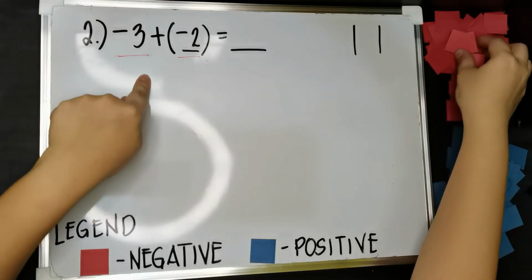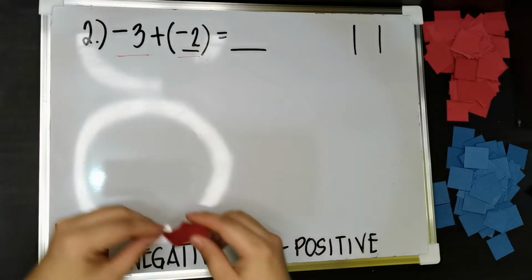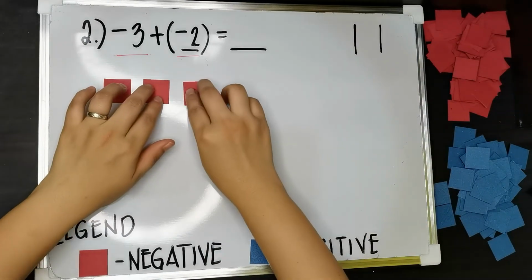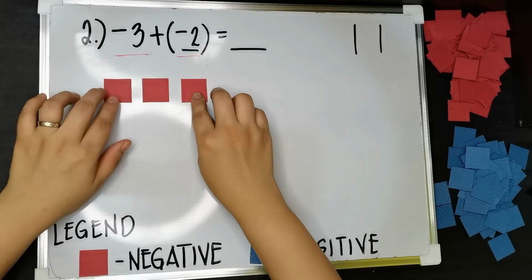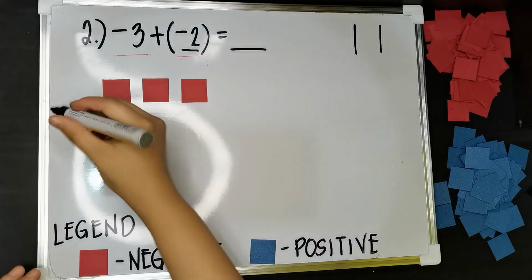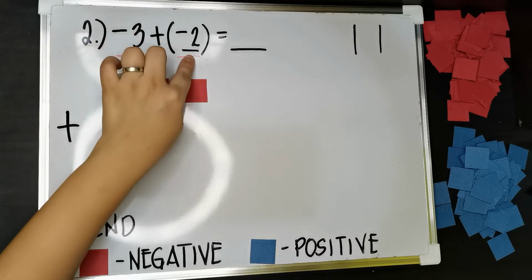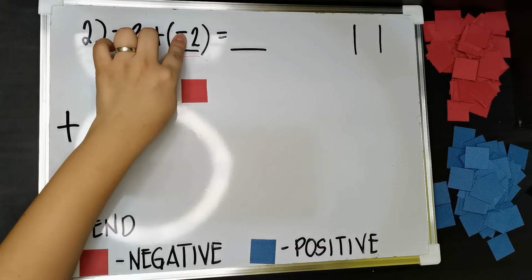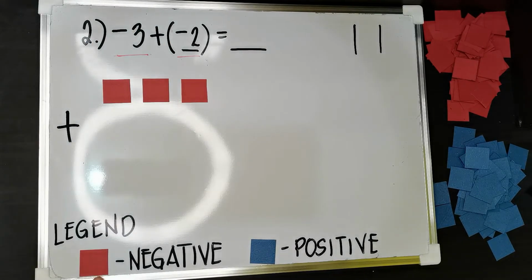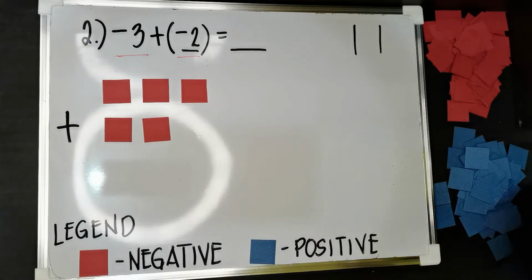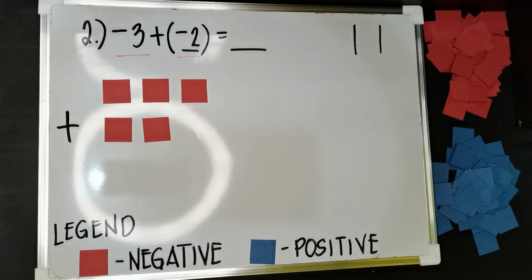Since this is negative 3, I'll be placing 3 red sign tiles here, to be added by negative 2. Since this is negative, we're going to use red sign tiles again, na dalawa. So, 1, 2. How are we going to find the answer to this?